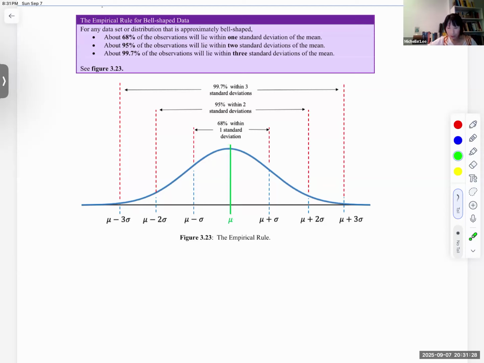Then we say that this much will be one standard deviation from the mean, and this one will be two standard deviations from the mean, and this is three standard deviations from the mean, okay? All right, then they give us 68%, right?